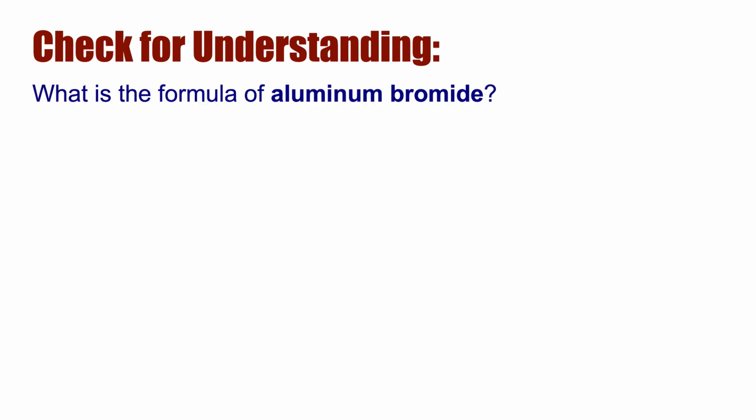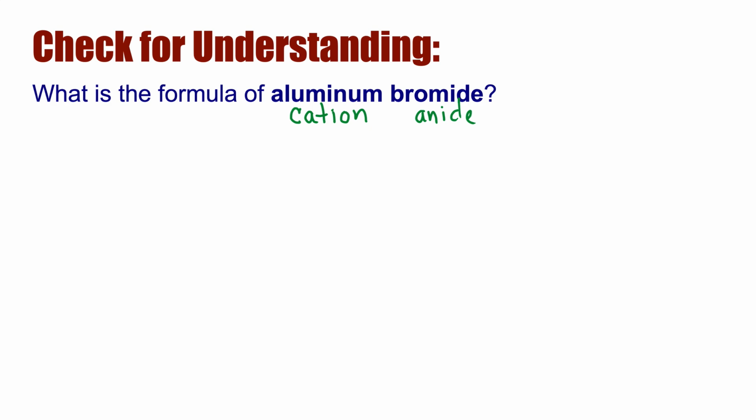So far, all of the formulas that you've completed, I gave you the name of the metal, the name of the nonmetal, and then you did the crisscrossing from that. What you need to be able to do moving forward, now that you know how to name ionic compounds, is if I give you the name, you should be able to produce the correct formula. So if you were given aluminum bromide, you should recognize that aluminum on the left is the cation and bromide on the right is going to be your anion.